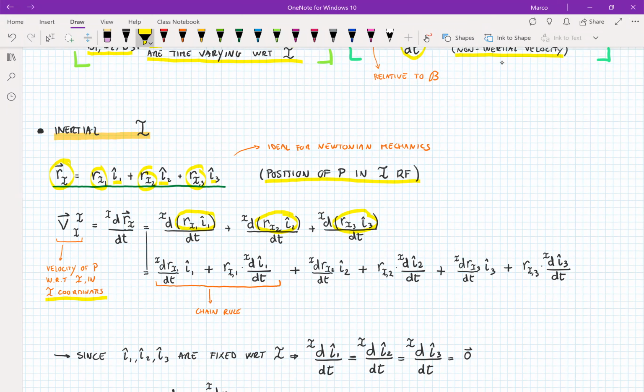We have the derivative of RI1, which is just a scalar, it's not a vector, it's just a component, so we have dRI1 over dt times I1, plus RI1 times the derivative now of the versor, dI1 over dt.